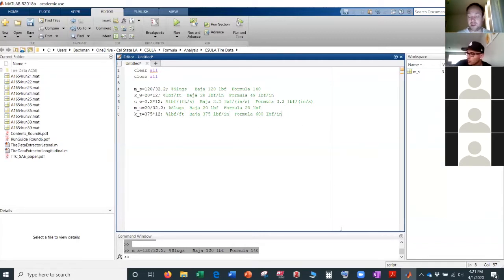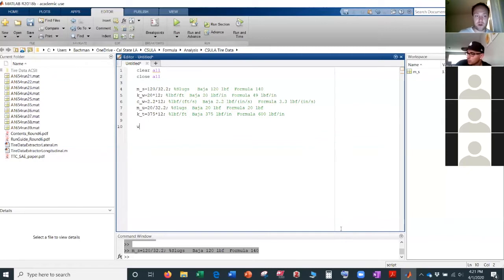All right, so we can immediately figure out what our ride frequency is. So omega ride is going to be 1 divided by 2 pi times the square root of, so we have K wheel times K tire divided by K wheel plus K tire.